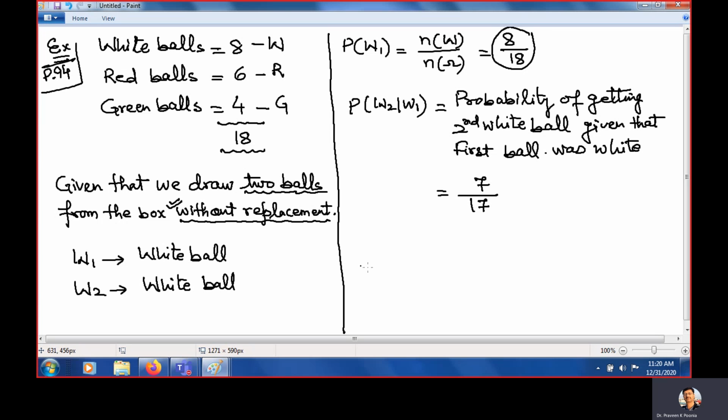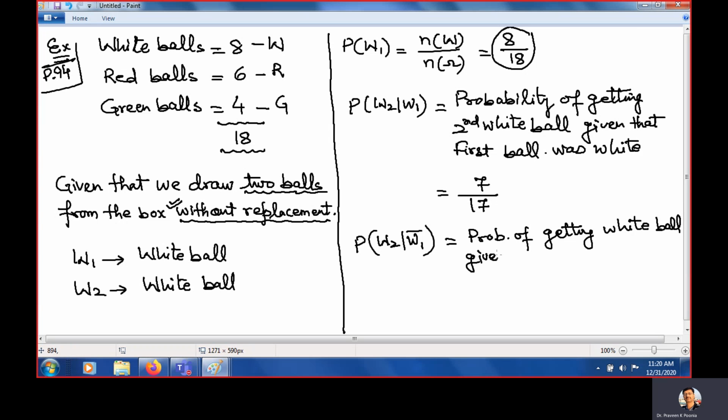Okay, this is one. Now, the probability of W2 given W1 complement. What is the meaning of this? The meaning of this is the probability of getting a white ball, W2, given that the first ball was W1 bar.